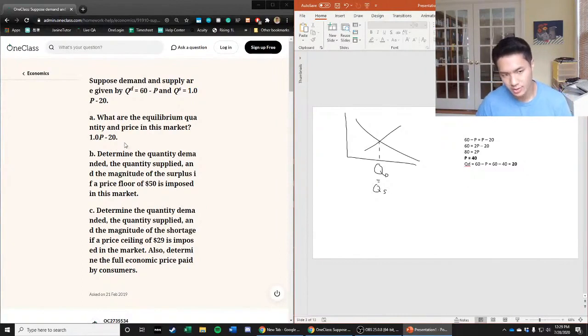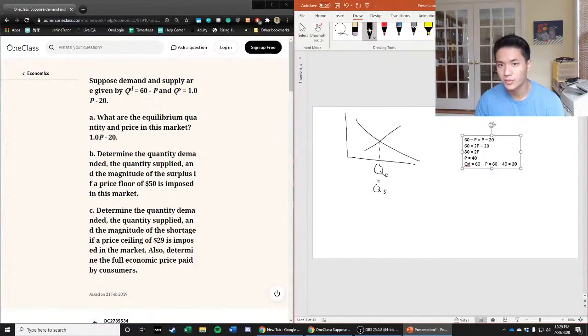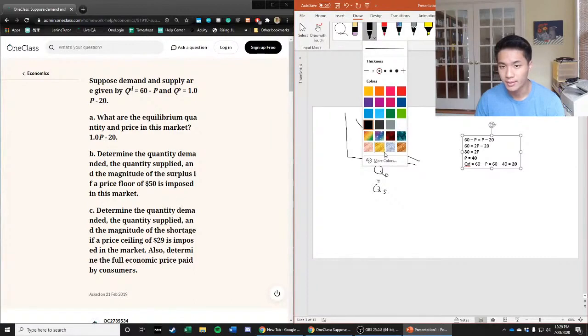The next question or part says, determine the quantity demanded, the quantity supplied, and the magnitude of the surplus if a price floor of $50 is imposed on this market. And so, well, we can first visualize this on the graph.